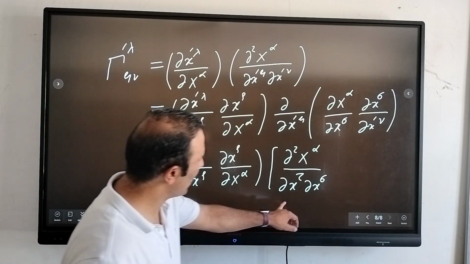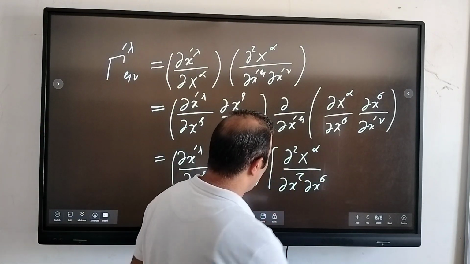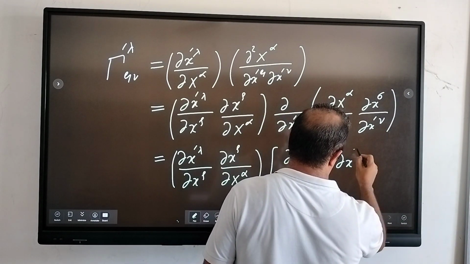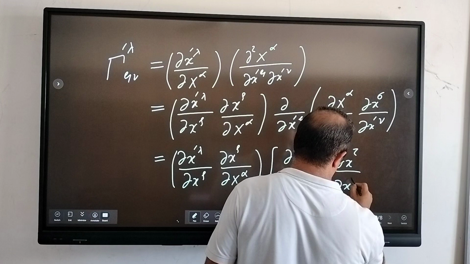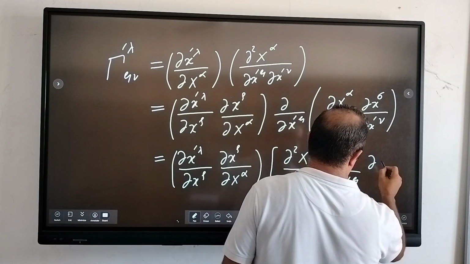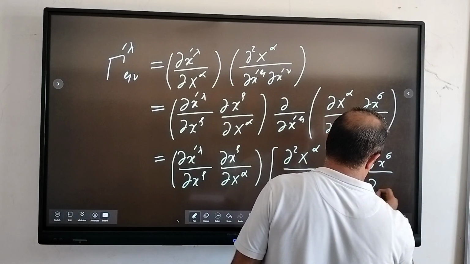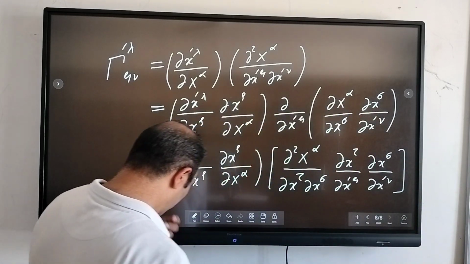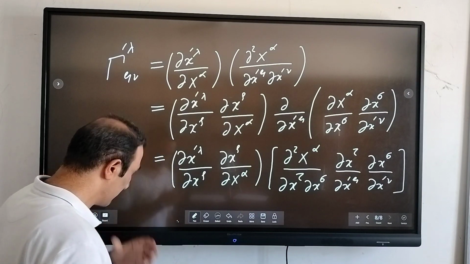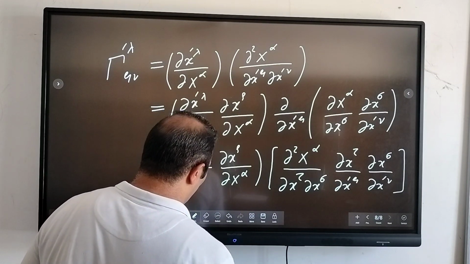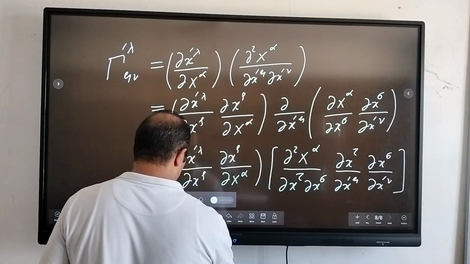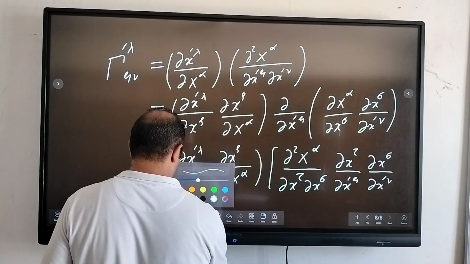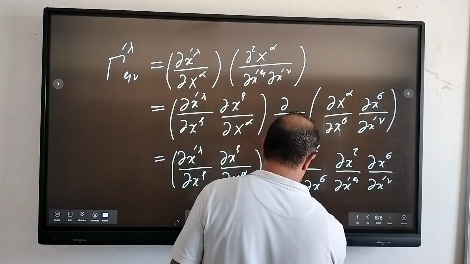Okay, so I am writing here partial x tau, partial x rho, and you can write here partial x tau, partial x prime mu, and partial x rho. Okay, sorry, because I need to write one more term, which is coming from. Okay, so this is the first term plus.